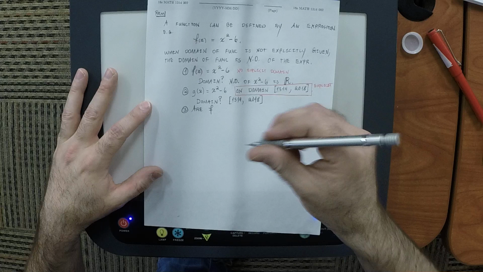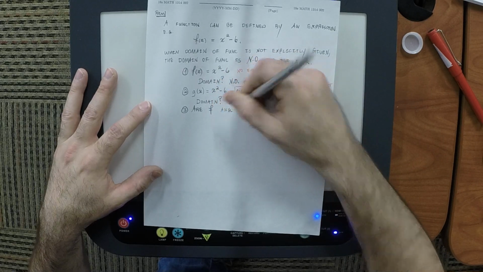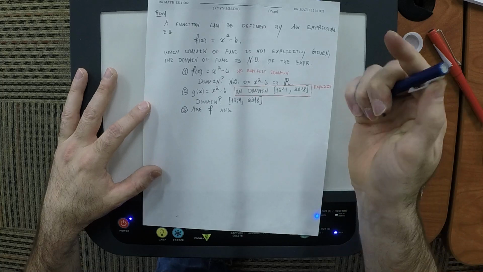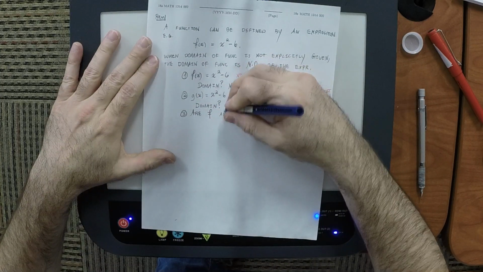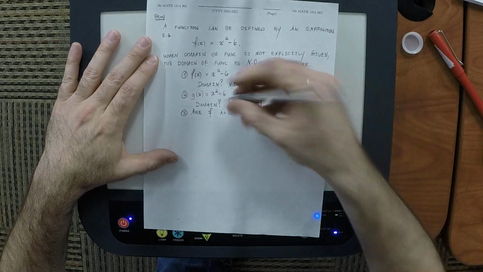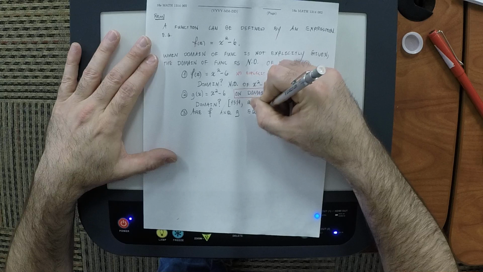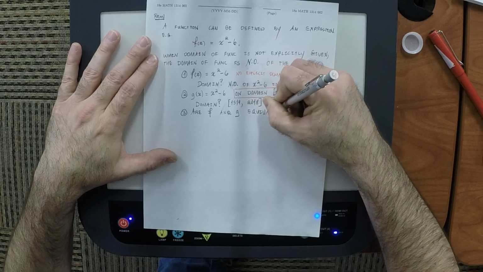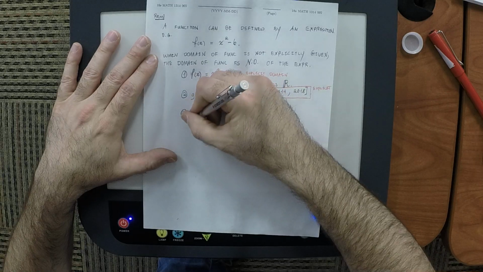Okay, so then 3. Are functions f and g equivalent? That is to say, are they the same function?